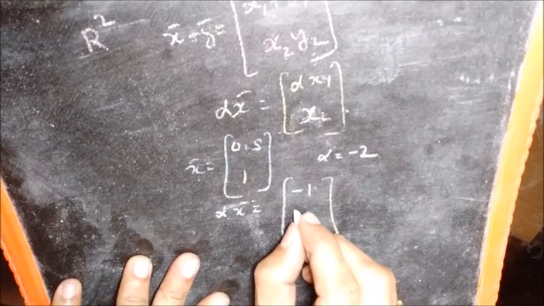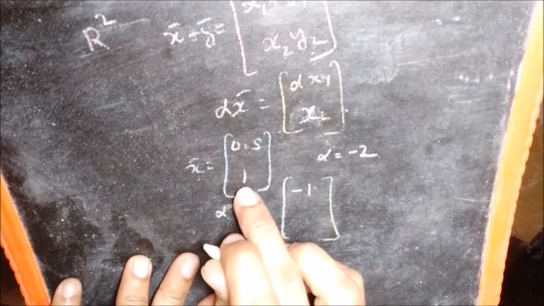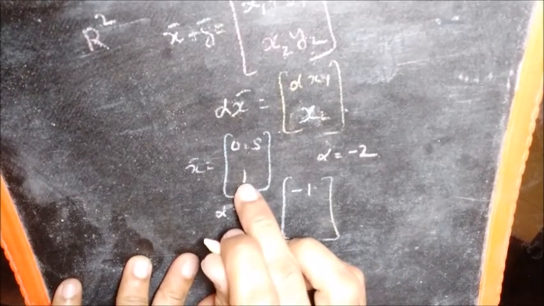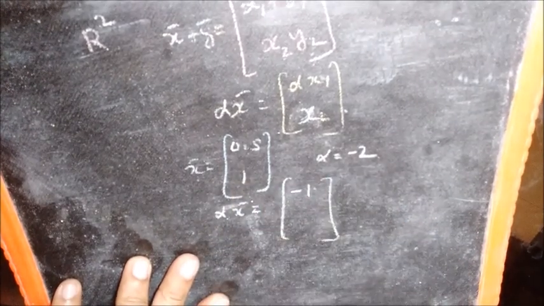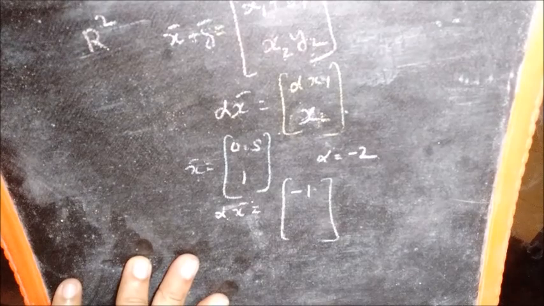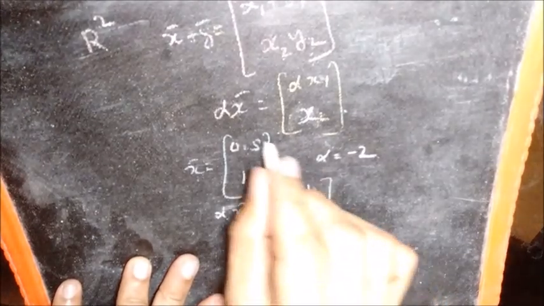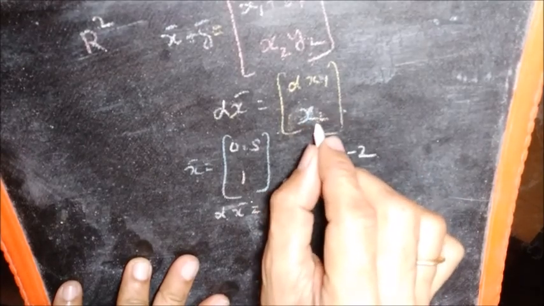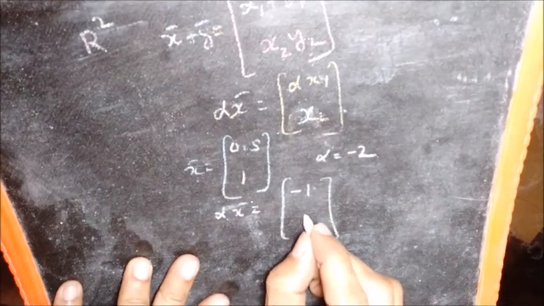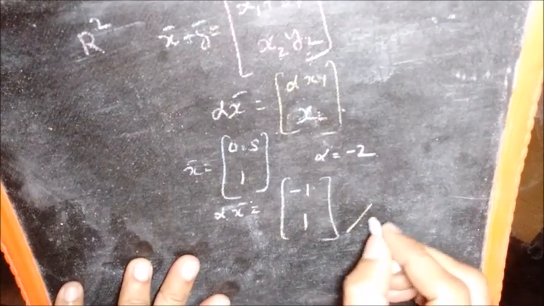And x2, which is 1, will be there as it is. If it was the way we defined scalar multiplication earlier, it would have been 1 into minus 2, but in this case we are just defining the result as alpha into x1, and x2 is there as it is. This is what the result will be.